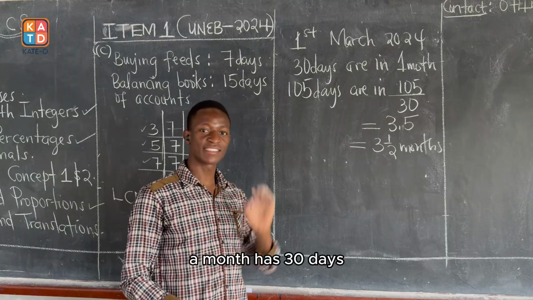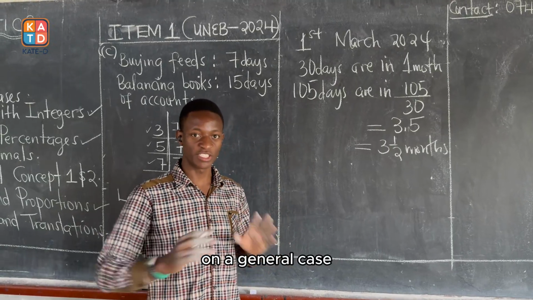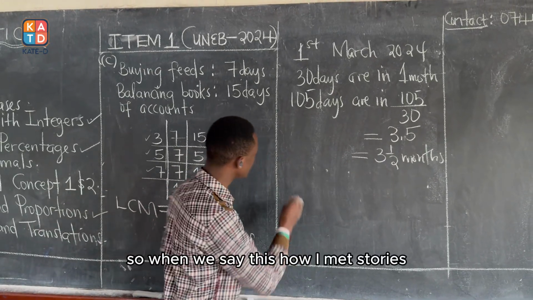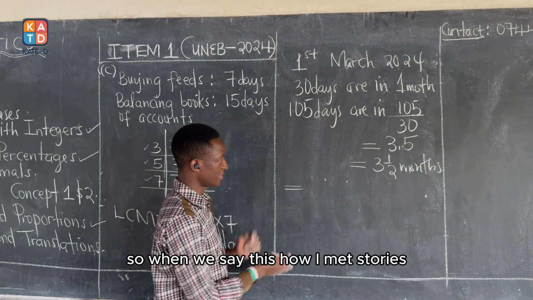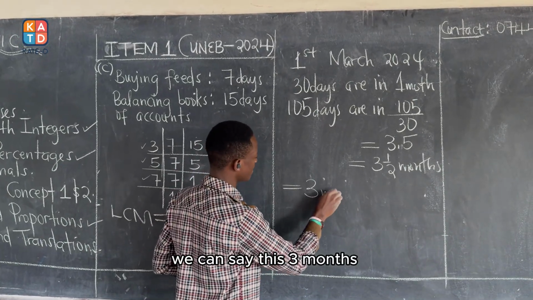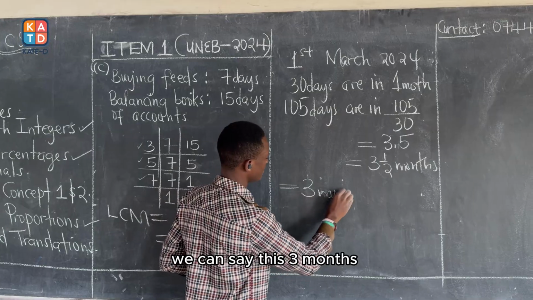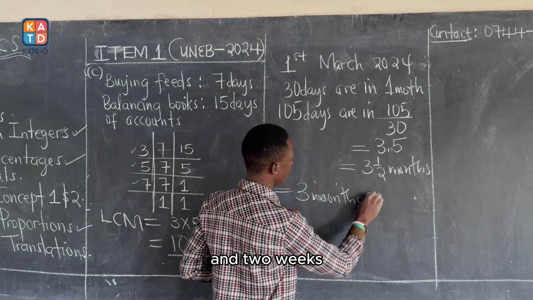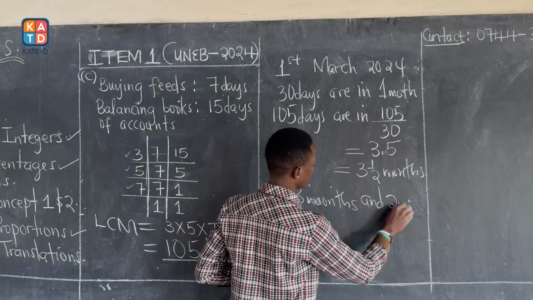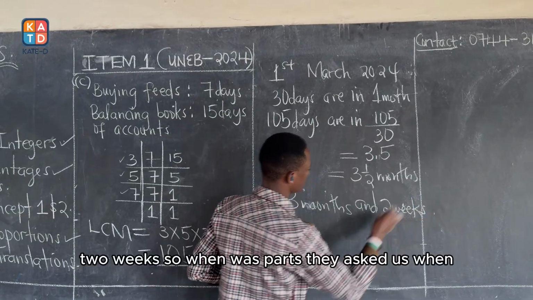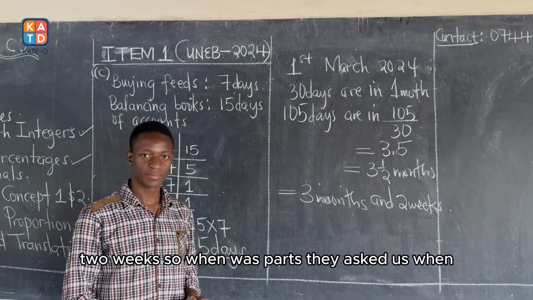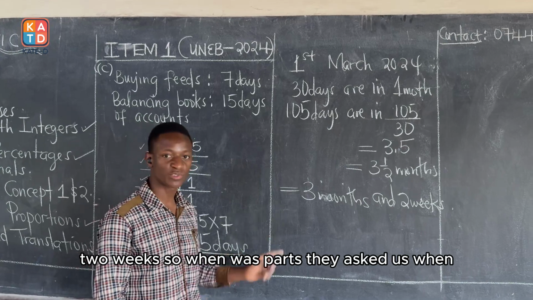A month has 30 days for mathematics. We take it on a general case. So when we say this, how can we explore this? We can say it is 3 months and 2 weeks.